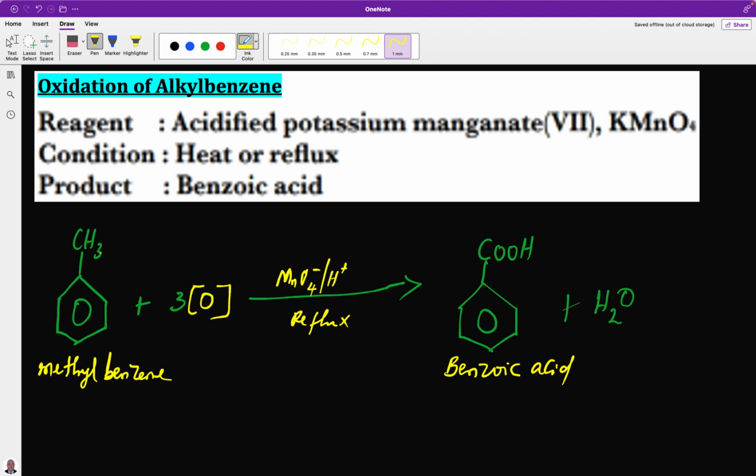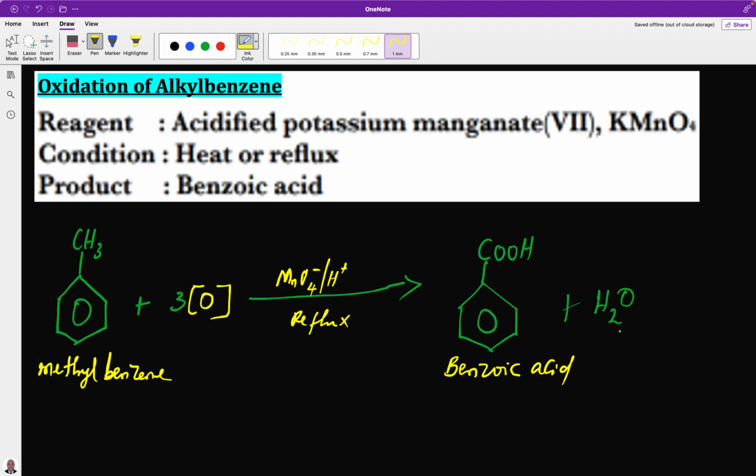Two of the hydrogens are taken with one atom of oxygen to produce a molecule of water. So we use two atoms of oxygen here, and one is left that is used with two atoms of hydrogen, then a molecule of water is produced.